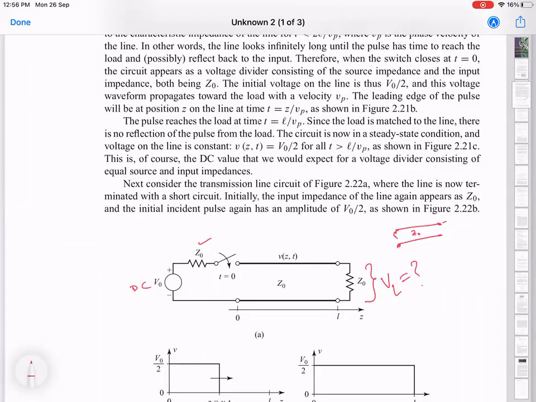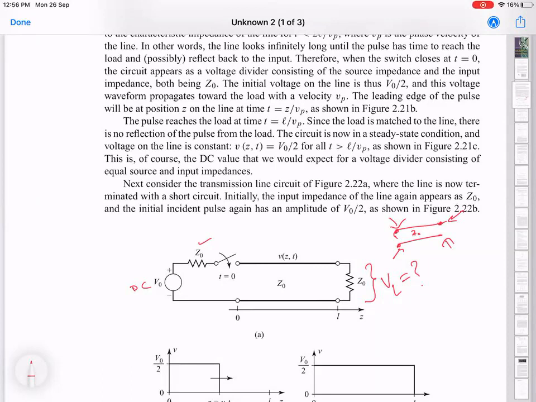So a transmission line at DC is just 2 wires with zero resistance. Zero resistance between these 2 terminals, and between these 2 terminals as well, assuming perfectly conducting wires. And there is infinite resistance between the 2 terminals.